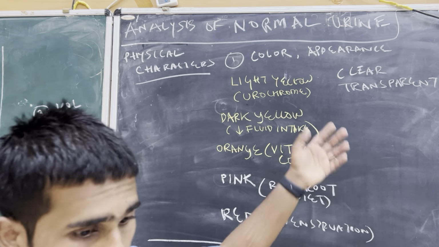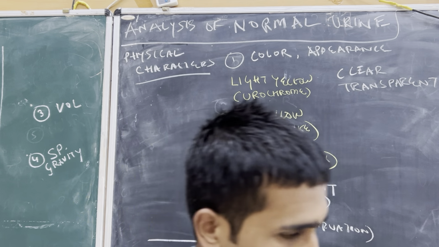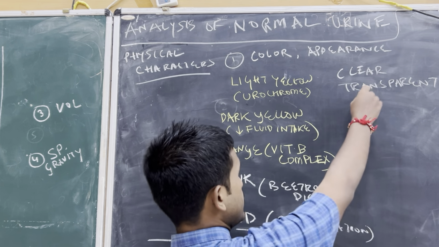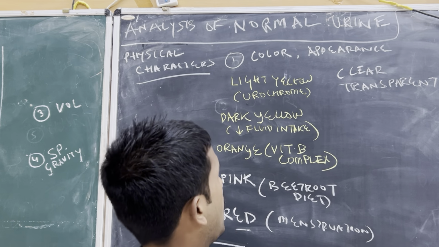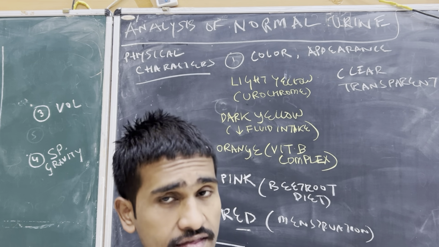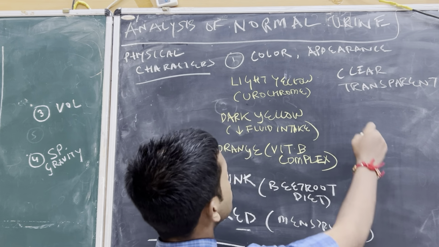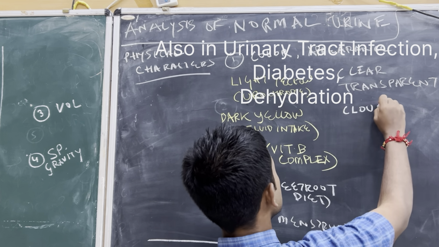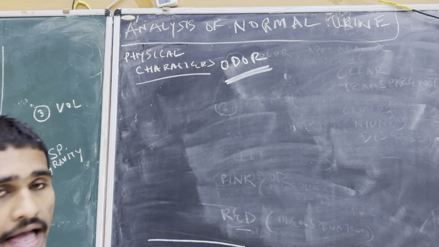So when can the appearance be altered? If there is any kidney disease, and for that reason proteins start coming out in the urine, then it will become cloudy. The odor is aromatic.